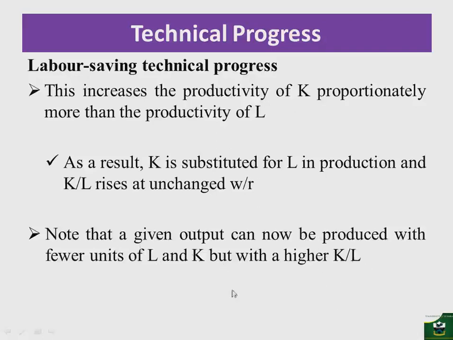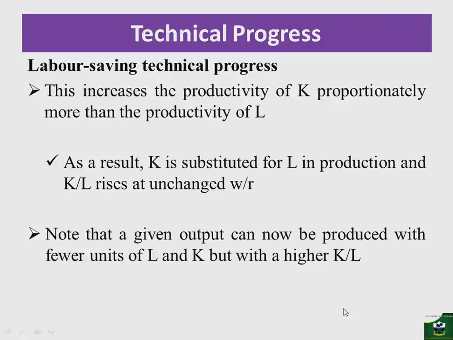So remember, we will use fewer units, but we will have a higher capital labor ratio because we are saving the labor in our technical progress. So more capital will be coming into the production process in place of the labor, and therefore keep the capital labor ratio high.